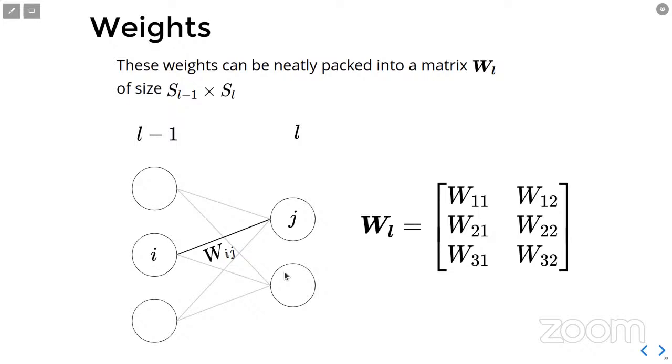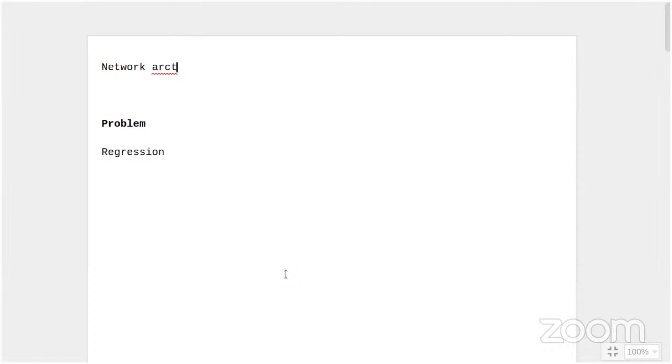So how is that decided? That is also a hyperparameter? Yeah, the whole thing is called the network architecture, right? Architecture means how many layers there are, how many neurons there are in each layer, and what kind of layers are used.